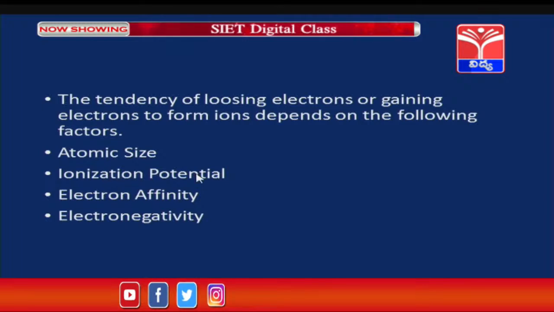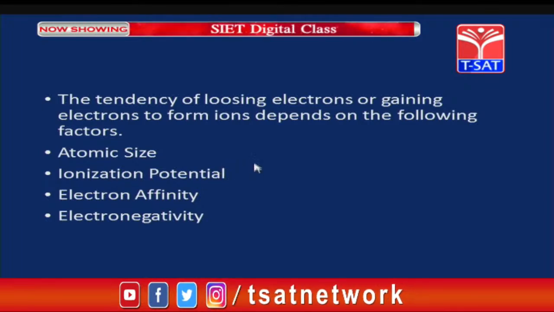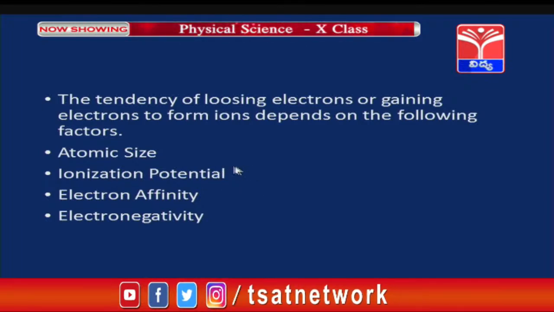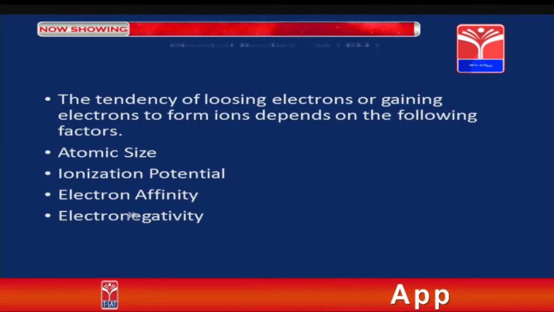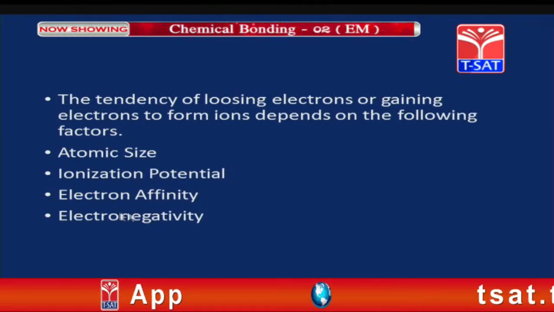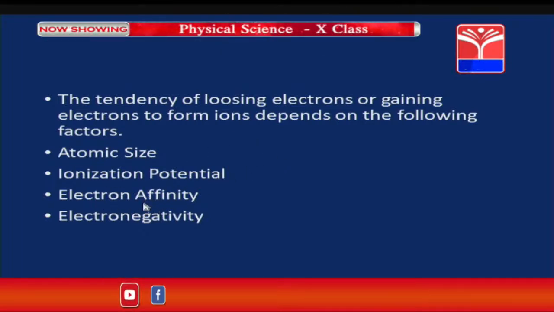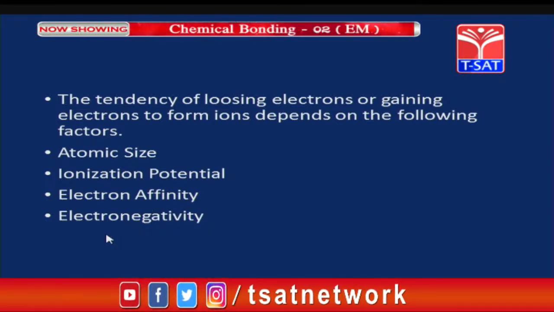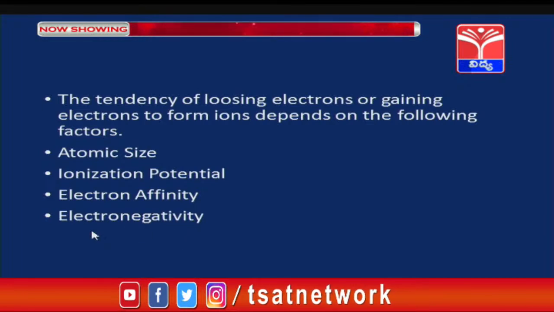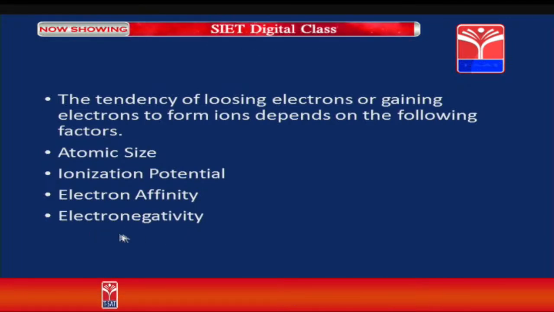So, ionization potential is the amount of energy required, absorbed by the atom to remove an electron. In electron affinity, it is the amount of energy released when an electron is added to the outermost shell of an atom. Now, let us define electronegativity. Electronegativity of an atom is the tendency to attract electrons.